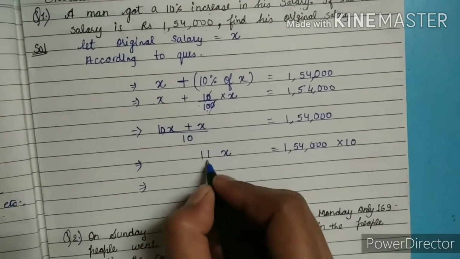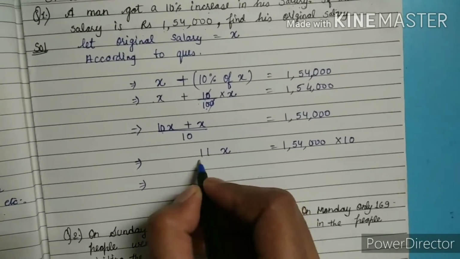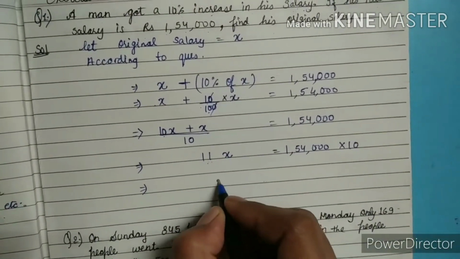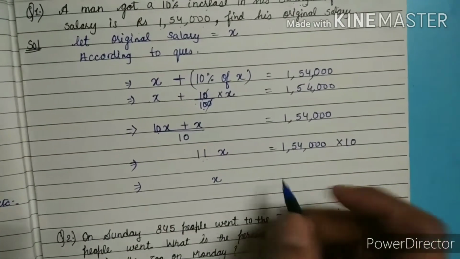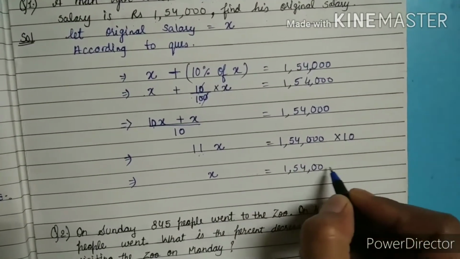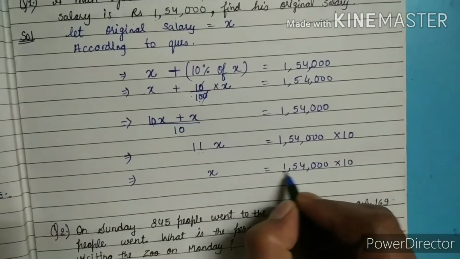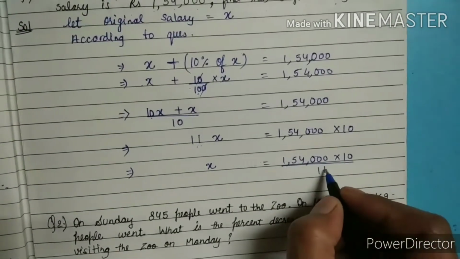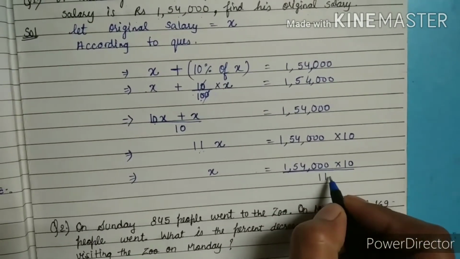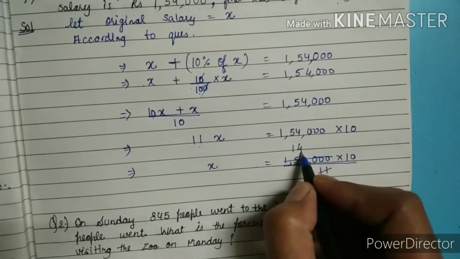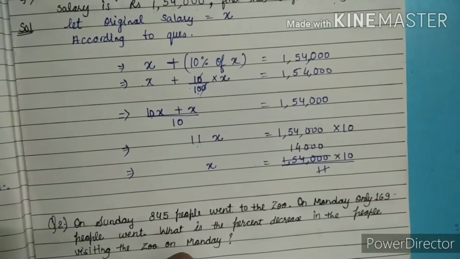Now you can see 11x. So 11x is in multiplication, so it will go to division and x will remain here. So x equals 1,54,000 multiplied by 10 and divided by 11. When we divide 1,54,000 by 11, it will give us 14,000.